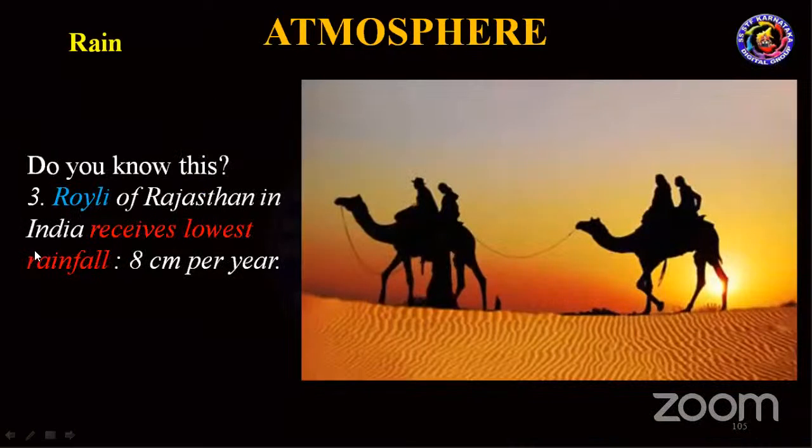And in entire India, Rohili, which is in Rajasthan, is the lowest rainfall area. It receives only 8 centimeters per year.